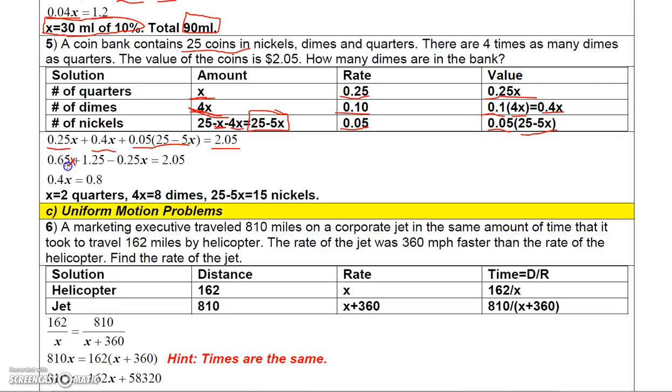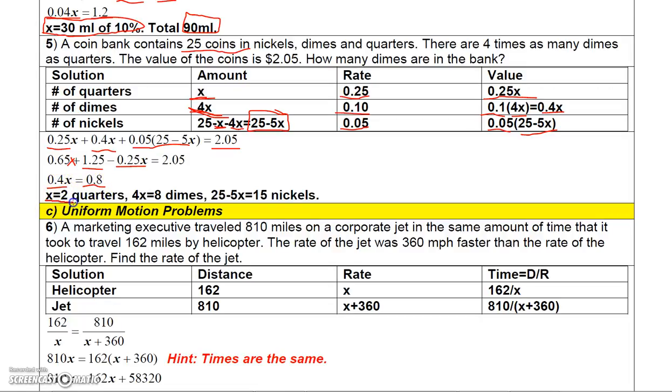And then 0.05 times 25 is 1.25, and then 0.05 times minus 5x is minus 0.25x, and then 0.65x minus 0.25x is 0.4x, and then just $1.25, subtract that over here from $2.05, and I get 80 cents. So when I take 0.4x equal to 0.8, if I divide 0.4 into 0.8, I get 2.